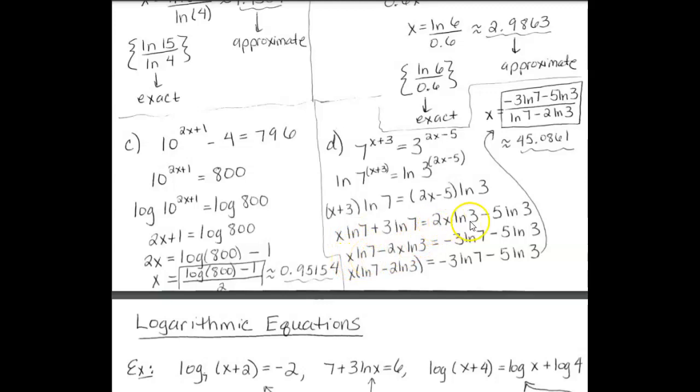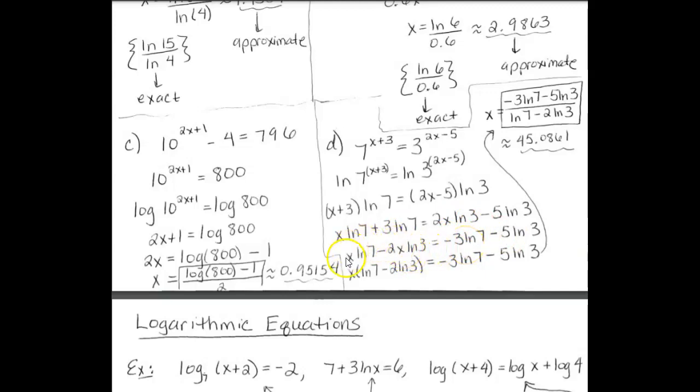I'm taking this term and subtracting it over, so it becomes minus 2x natural log of 3 equals, at the same time, this term, because it does not contain x, moves to the right side, so subtracting it over gives me negative 3 natural log of 7, followed by the minus 5 natural log of 3. So all I did here was just subtract this term over and subtract this term over, switch places.